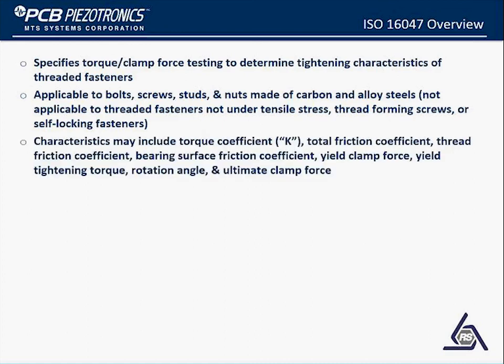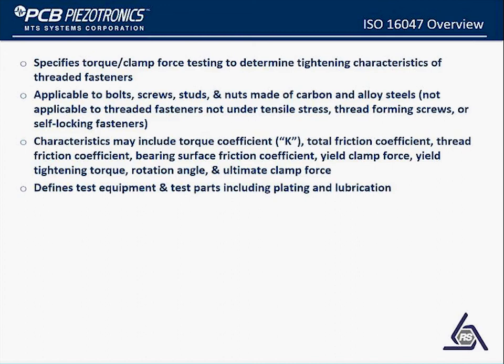The characteristics of the test may include torque coefficient K, total friction coefficient, thread friction coefficient, bearing surface friction coefficient, yield clamp, yield tightening, rotational angle, and of course the ultimate clamp force. These are all defined in the ISO standard.